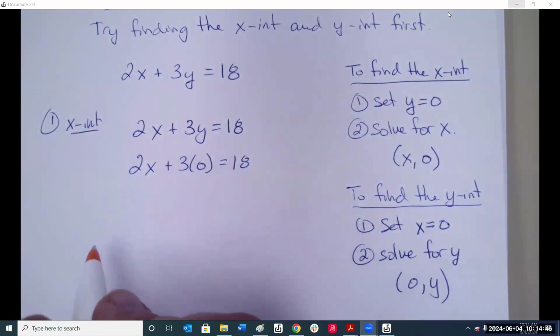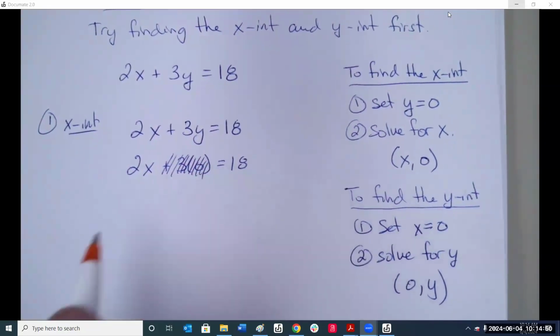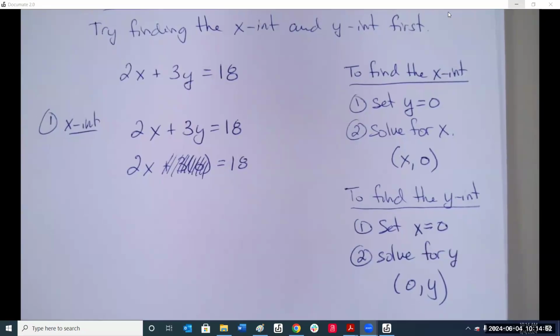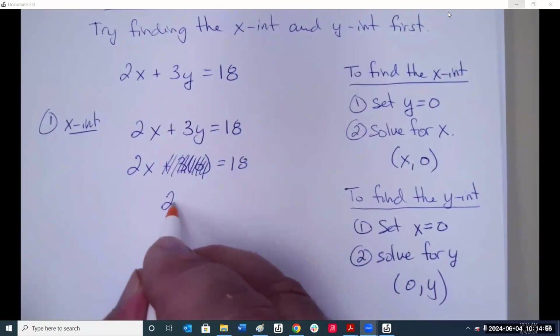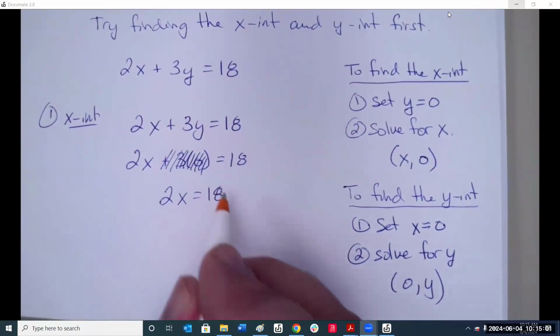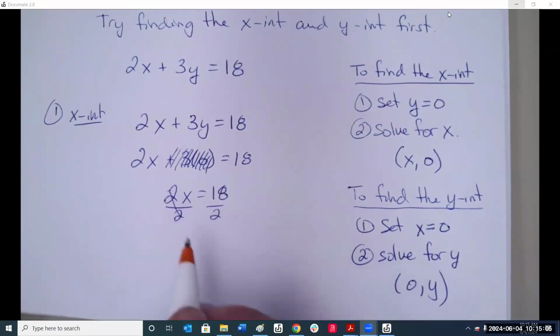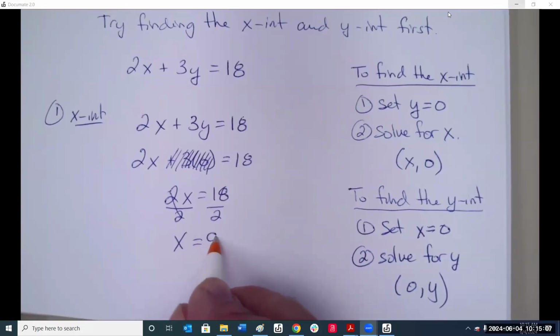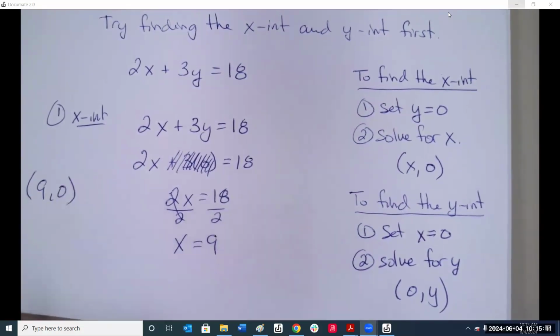Anything times 0 is 0, so pretty much what we're doing there is just erase that y part. So what we have now is 2x equals 18. How do we solve for x? Divide both sides by 2. X equals 9. So we have 9, 0 is our x-intercept.